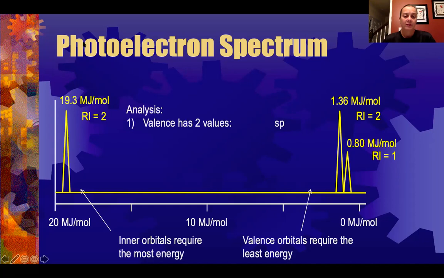When we're looking at this spectrum, we know that this inner orbital can only be an s, and then the next two orbitals have to be s and p. We know that in our first two peaks, we have twice the height of the third peak. We know that 2 electrons can go in the s orbital, so this tells us that there's only 1 electron in that p orbital.